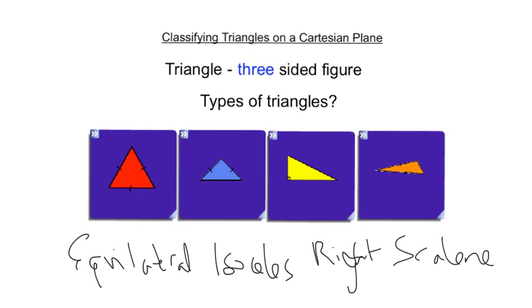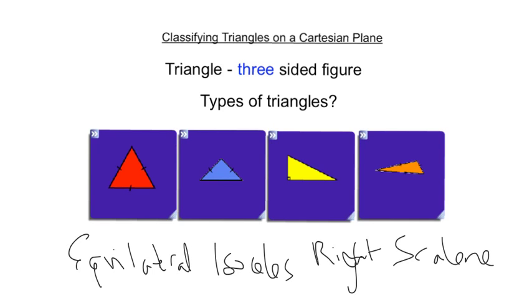Now, there are actually a couple of instances where we might combine a few of these. For example, you can have a right isosceles triangle. So in the isosceles triangle, if this angle here were a right angle, then that would be an isosceles right triangle, excuse me.